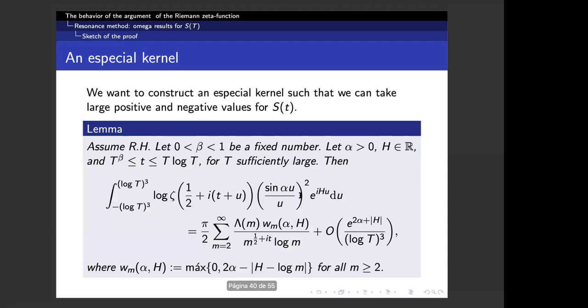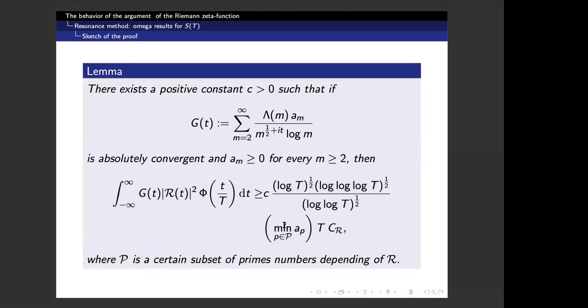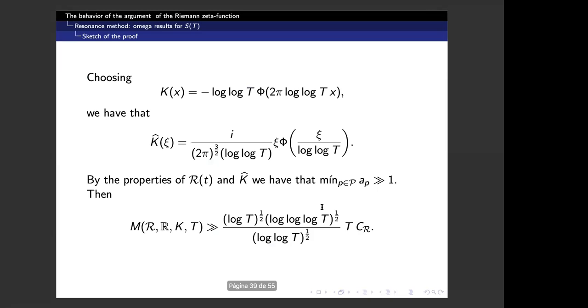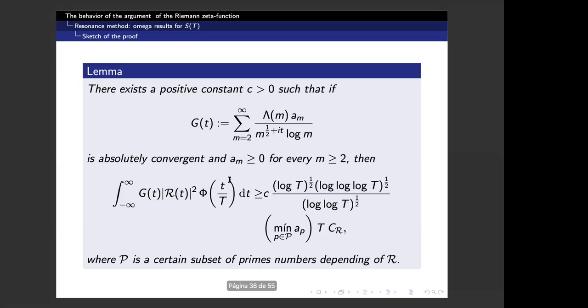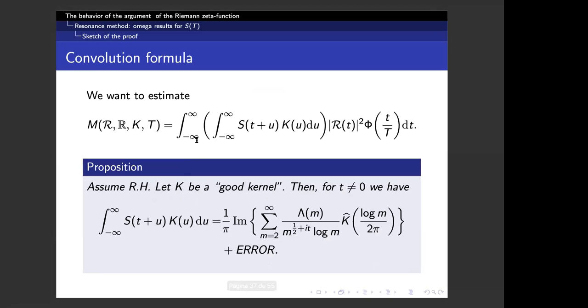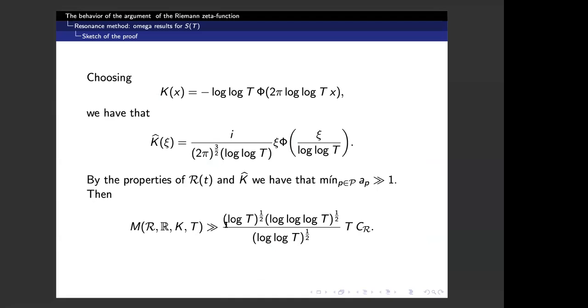Then I will use this lemma here, and in this case, this minimum of a_p is bigger than a constant. So finally, this integral that we want to bound is bigger than (log t)^(1/2) over (log t)^(1/2), multiplied by t and multiplied by this constant depending on the resonator.